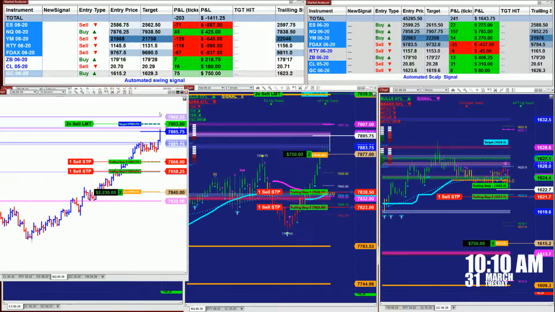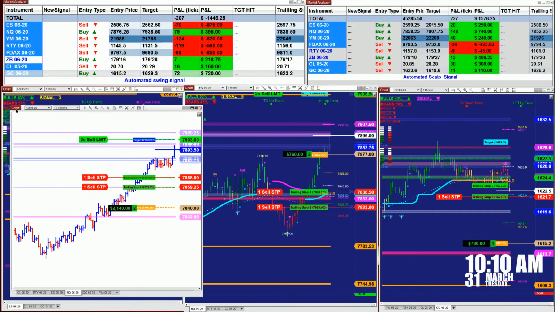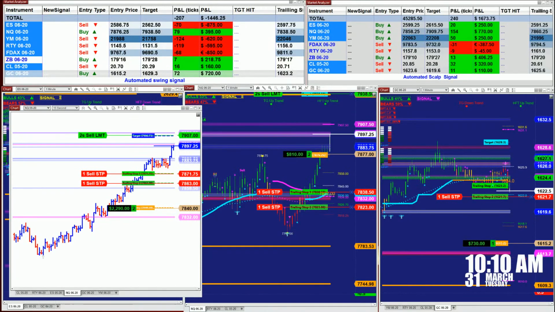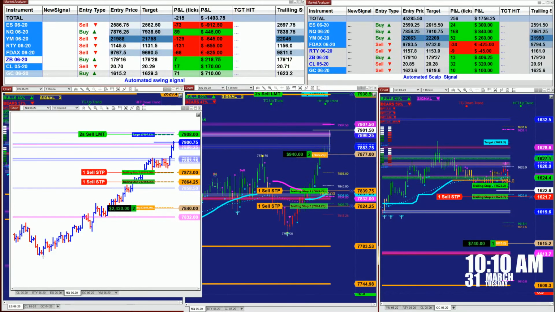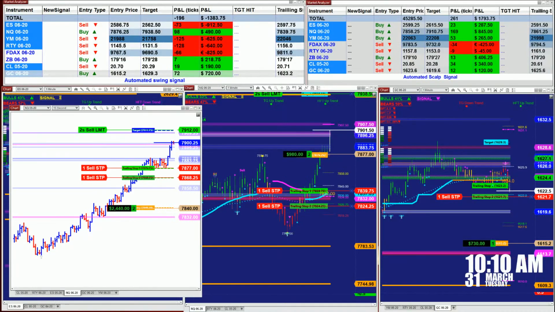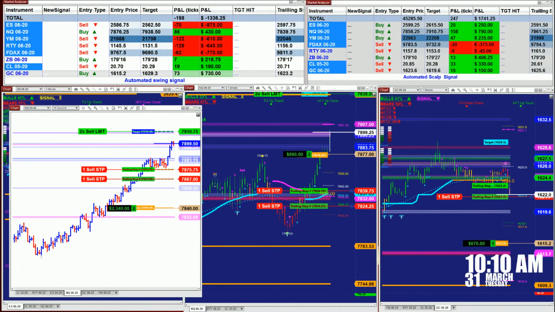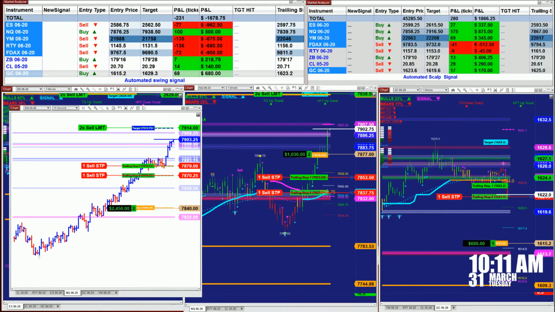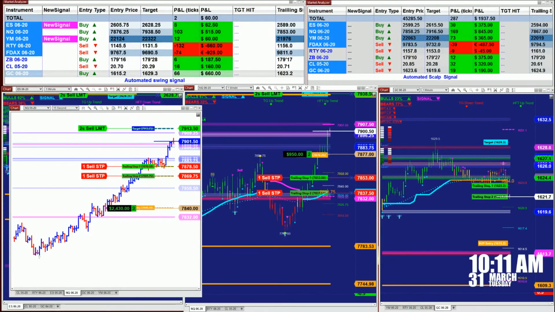It's about to close that trade. The gold closed position.